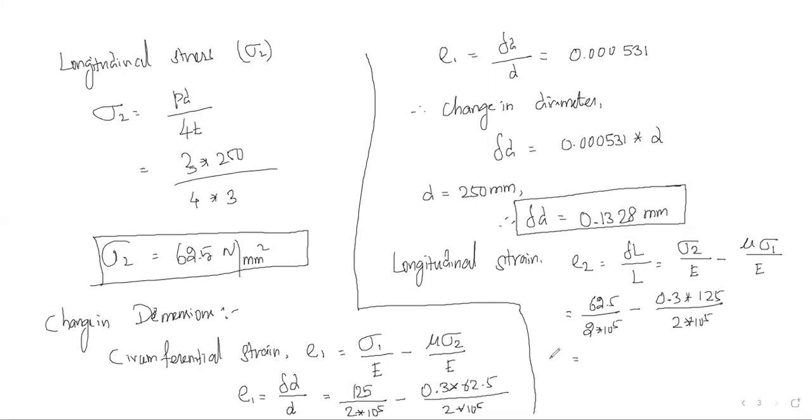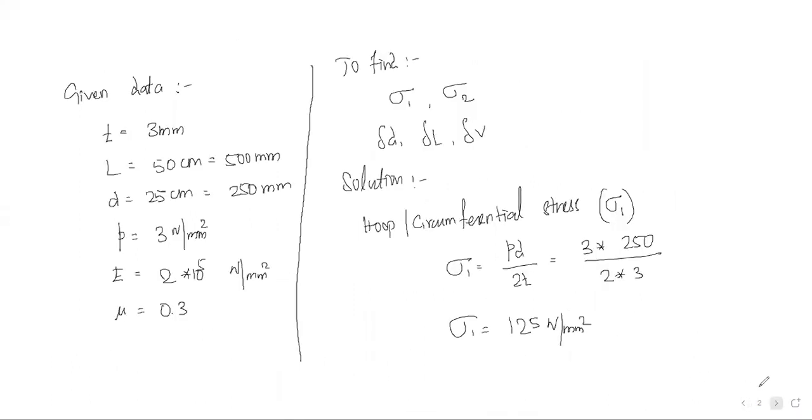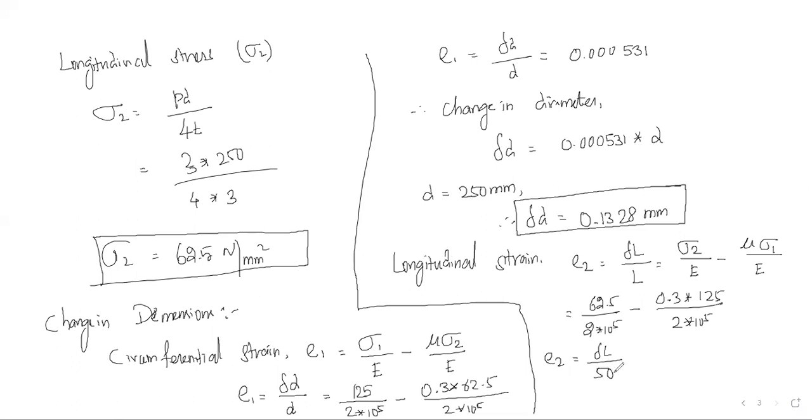Then E2 becomes del L by L, where L value is 500 mm.